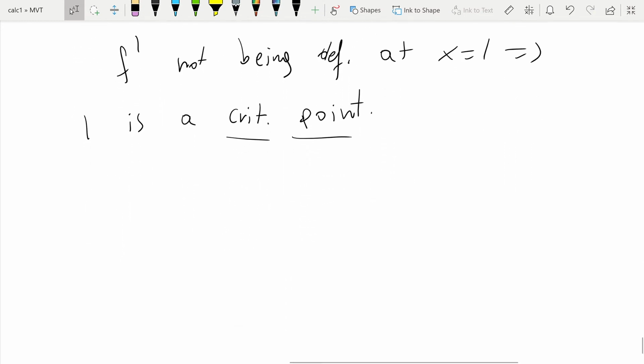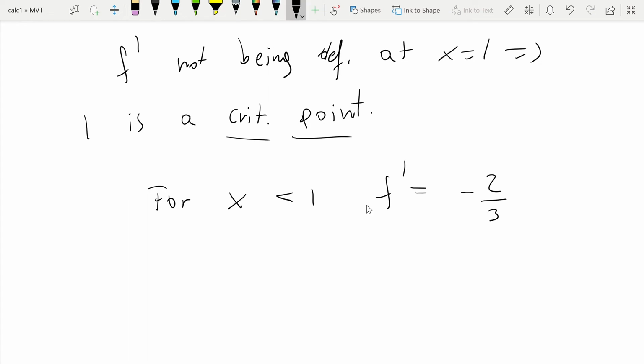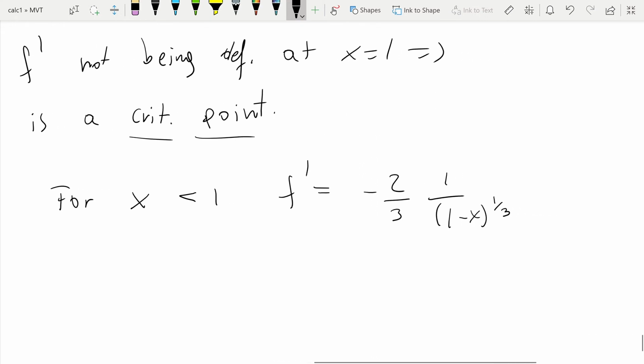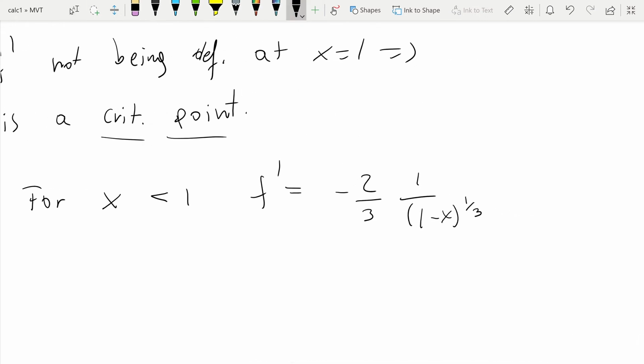Let's notice that for x less than 1, f prime, which is equal to minus 2/3 times 1 over 1 minus x to the 1/3, is negative.